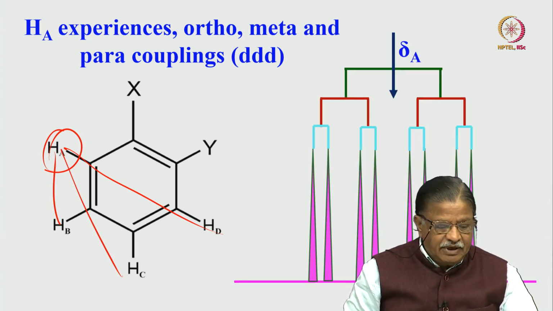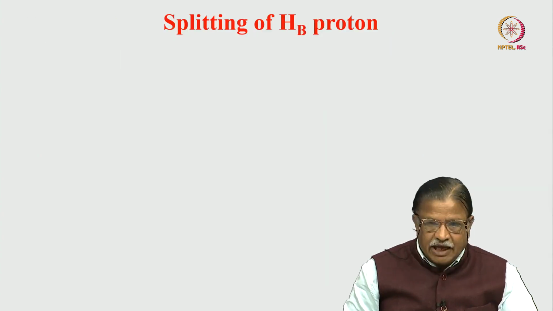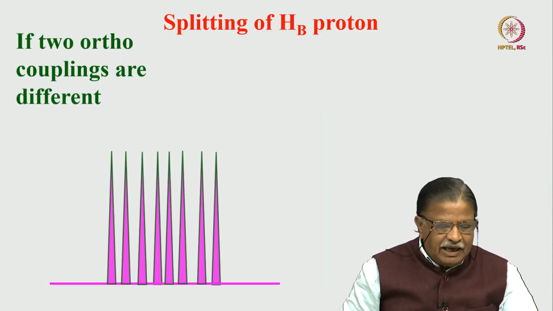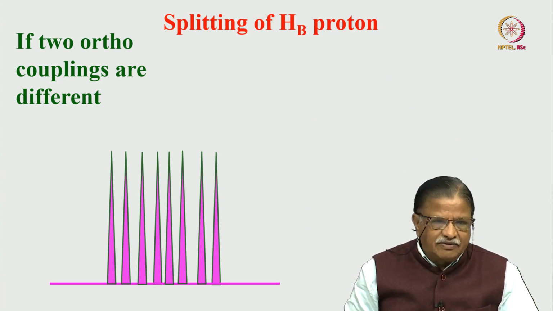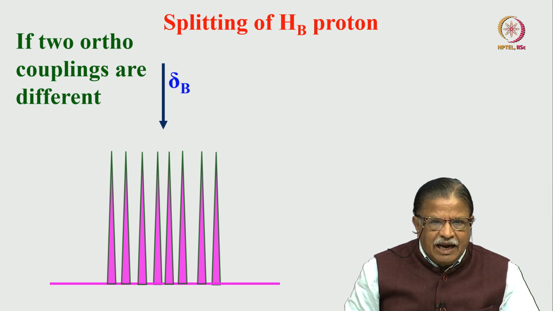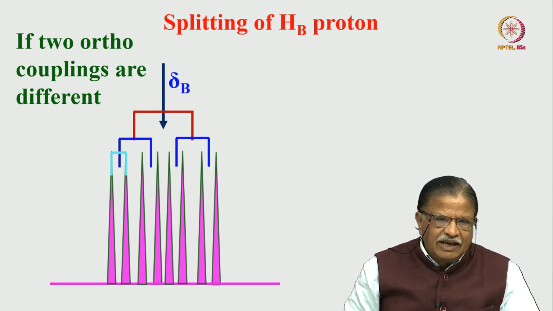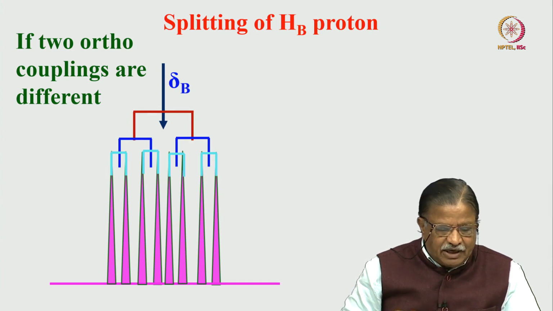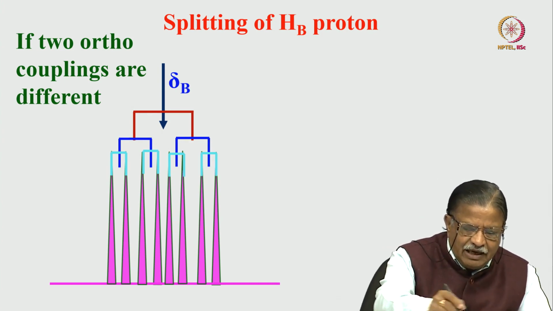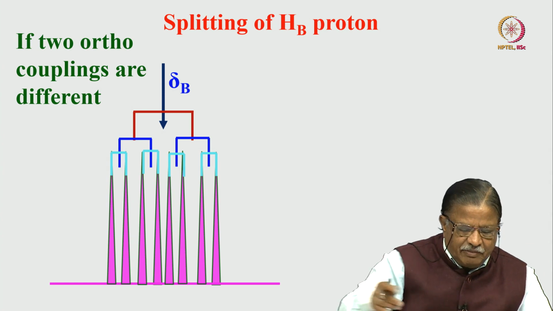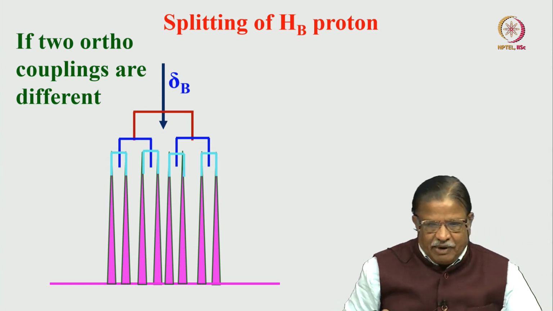We get 8 lines. Whereas if you look at proton B, it again has two ortho couplings which are different. As a consequence, you may get an 8-line pattern because it has two ortho couplings and a meta coupling. This is the splitting pattern you are going to get. One ortho splits it into a doublet, the other ortho will split each of these into a doublet of doublets, then the para coupling will make it an 8-line pattern.